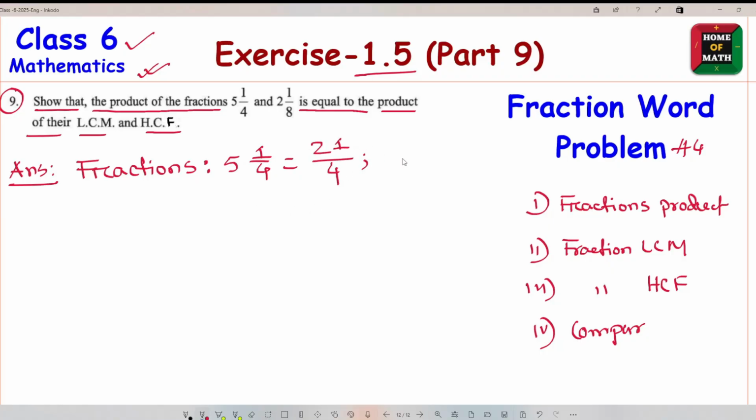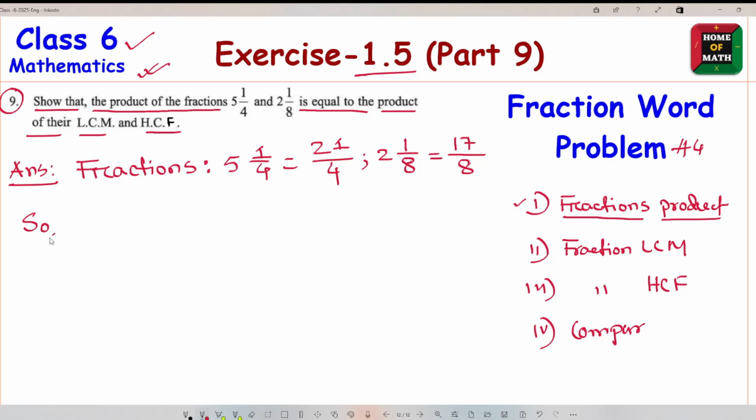Another, 2 1/8, means 2 times 8 is 16 plus 1 is 17, divided by 8. So our first part is done. Second part, is it done? No. Why? Because here it is mentioned fractions product.